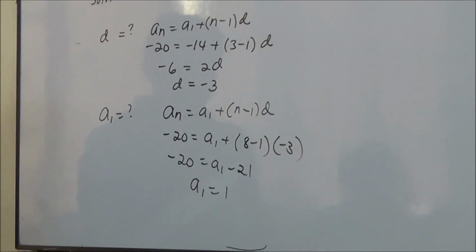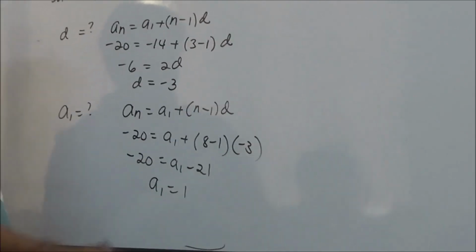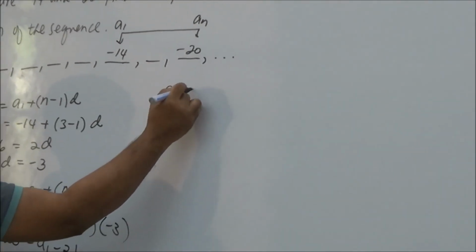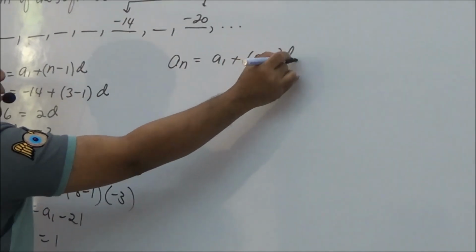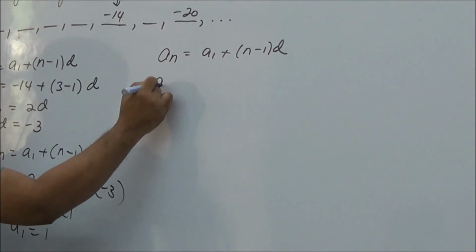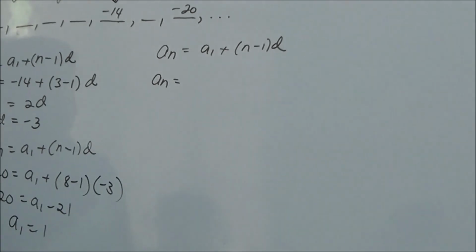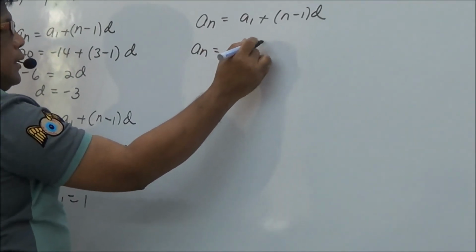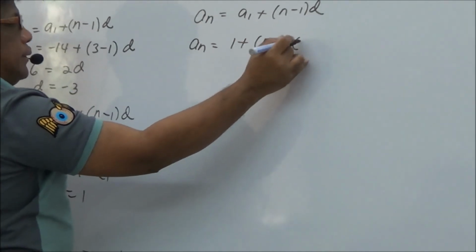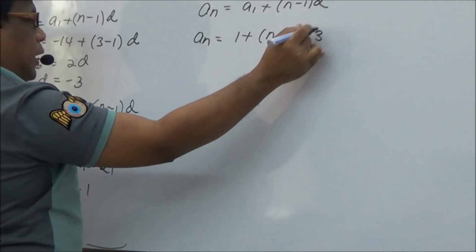Let us now define the general term of the sequence. Using the formula again, AN equals A1 plus (N minus 1) times D. So AN is now equal to A1, we have found already the value of A1, 1, plus we have N minus 1 times D, which is negative 3.